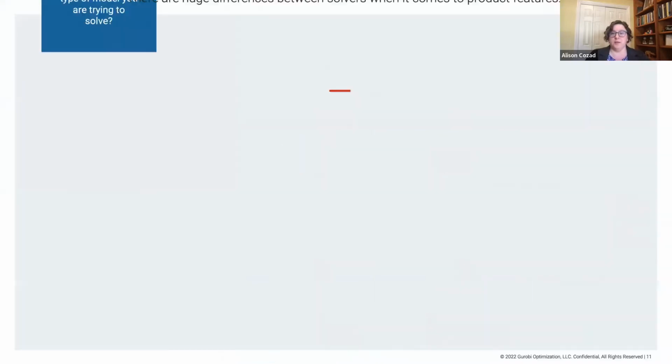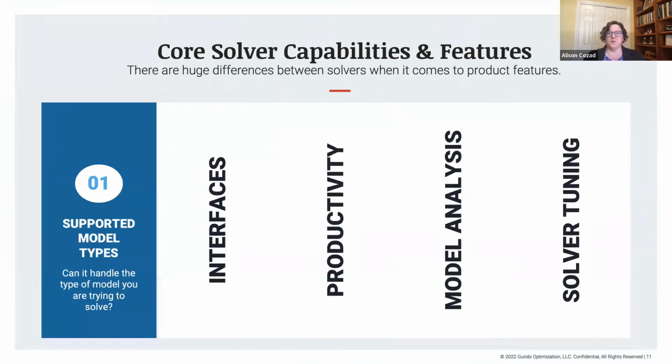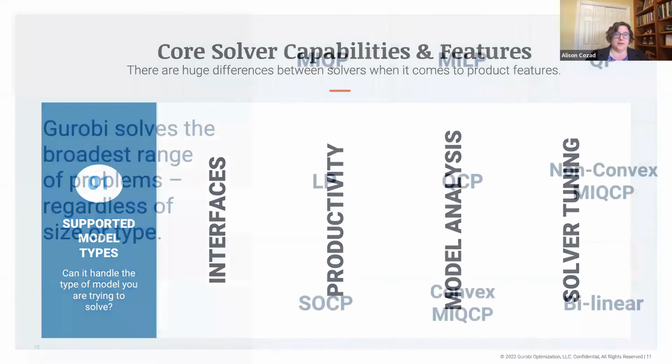Next up, we're walking through what are the core capabilities and features that you should consider. I have 5 buckets, and there's a vast difference between solvers when it comes to these features. So to start off, we talked about supported model types. The first question to ask yourself about a solver is, can it actually solve the type of problem I have?